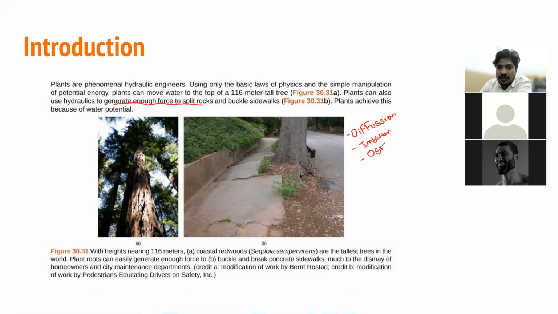These three phenomena together are responsible for the upward movement of water in a plant, and also the generation of a force that can easily split or buckle sidewalks. That force is also responsible for the transportation of water up to a height of 116 meters.